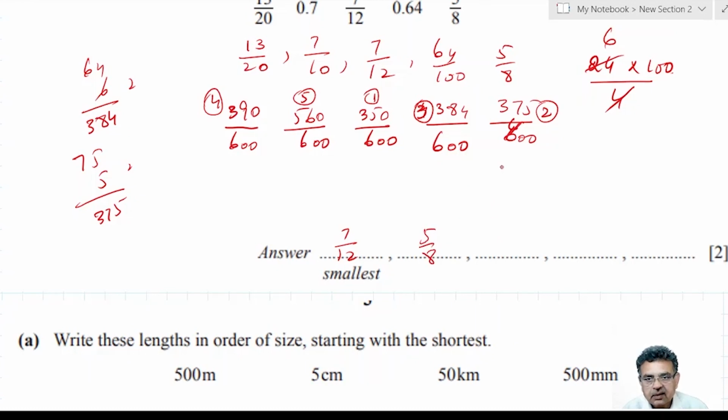And then third place, that is 0.64. Then fourth place is this one, 13 over 20. And the largest one is 0.7. So this is a technique you can apply in all such questions: make their denominators same, then decide about their numerators.